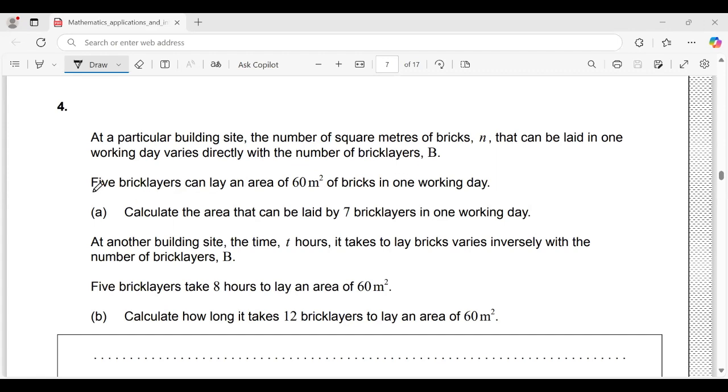Five bricklayers can lay an area of 60 meters squared of bricks in one working day. Calculate the area that can be laid by seven bricklayers in one working day. If five bricklayers can lay an area of 60 meters squared, how about seven?